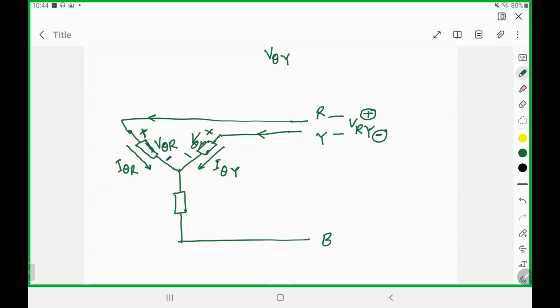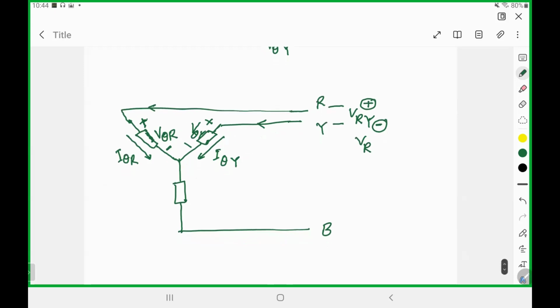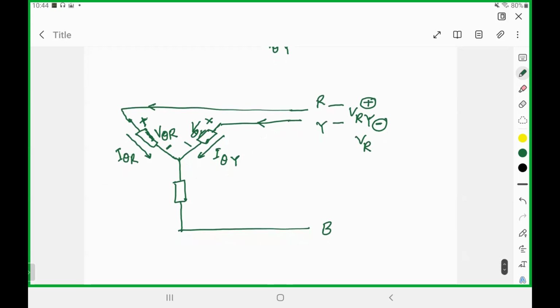Now VRY is my line voltage, right? So this is equivalent to, I can write down, this is my V theta R. So I want to find out this line voltage, how it is related. How can I find out the relation between the line voltage and the phase voltage? Now, if you apply KVL in this loop, these two terminals look open.